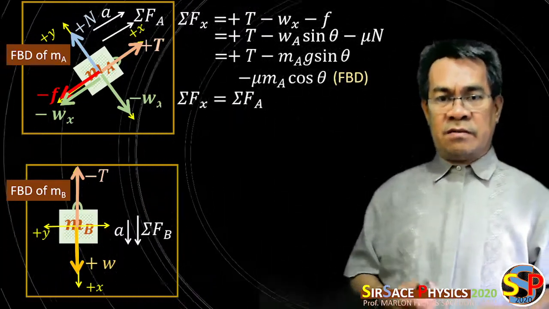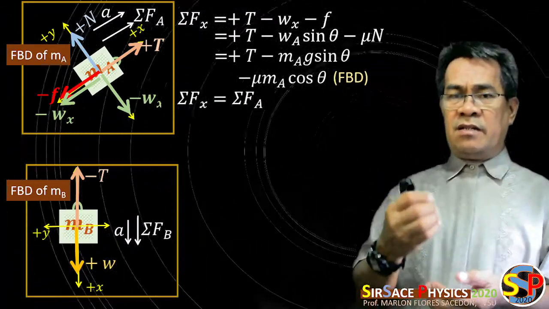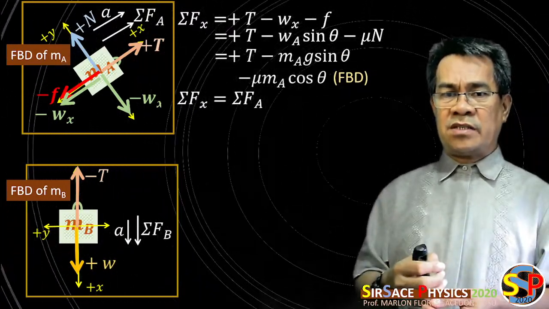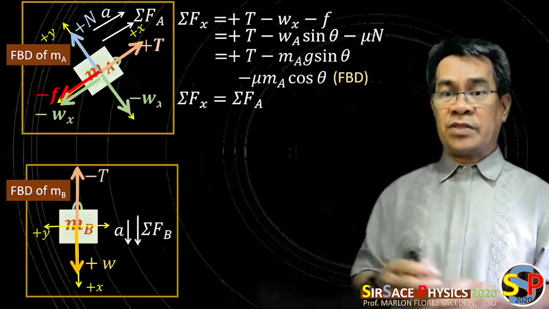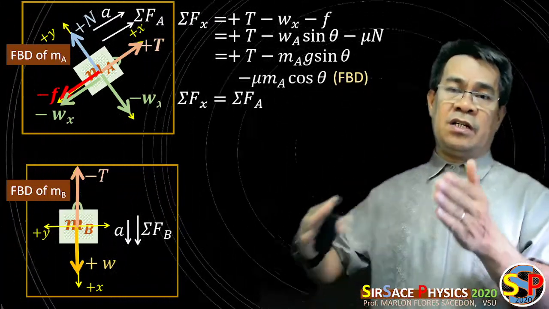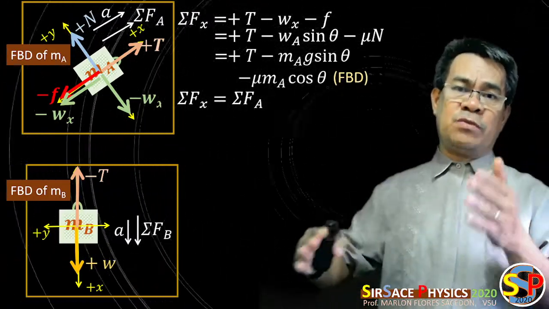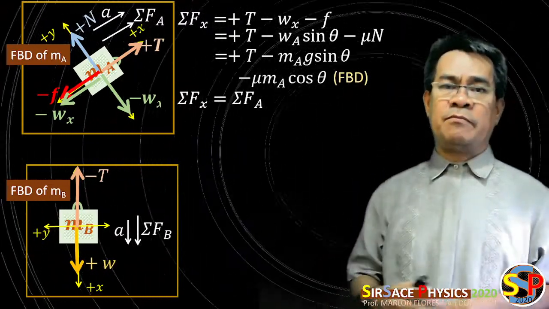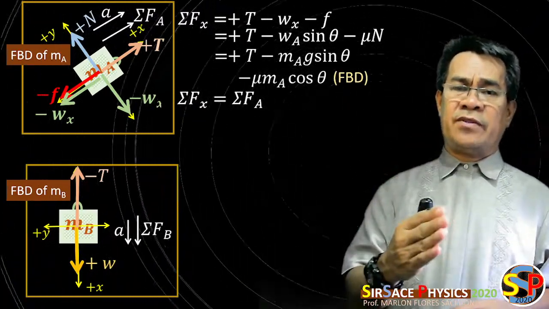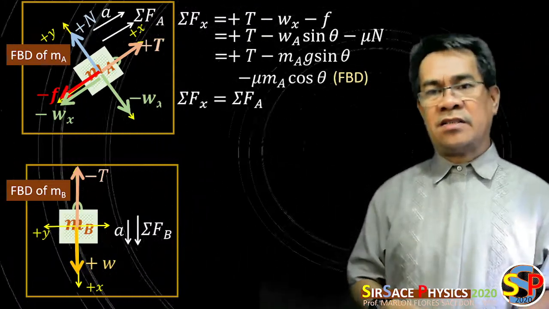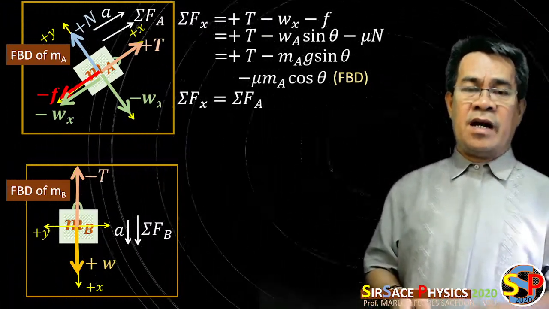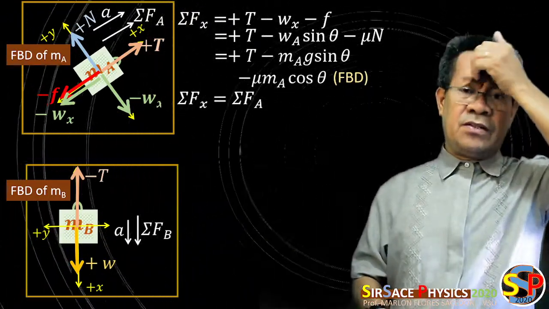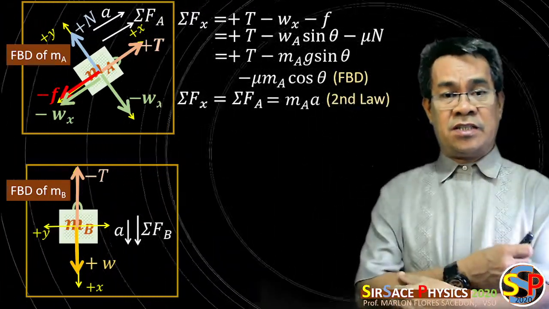Now remember again that another definition of the summation of forces along X is also the same as the net external force of A, because we assume that the object will move upward up the plane, then the net external force must be along that axis. That's the reason why we assign positive X. And remember that the net external force from second law is mass times the acceleration.